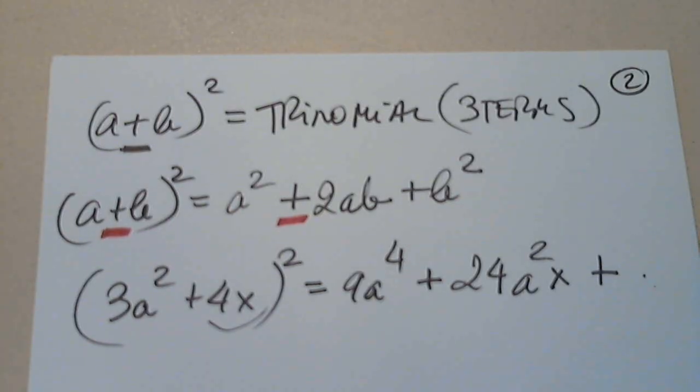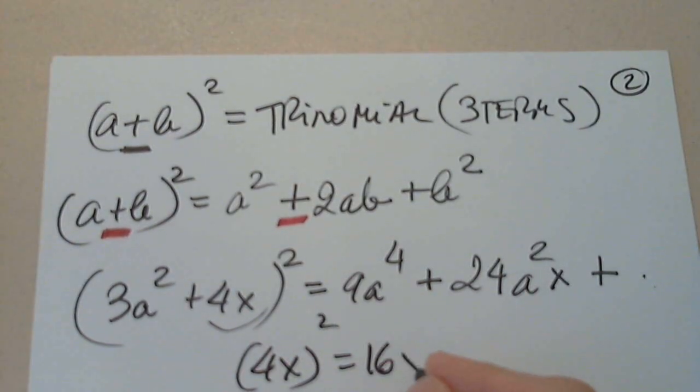Ashley, would you like to square 4x for us? Samia, would you like to try to square 4x for us? I need help with that. Can we do it together? Sure. 4x everything squared is 16x squared.